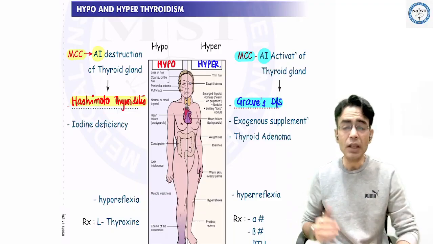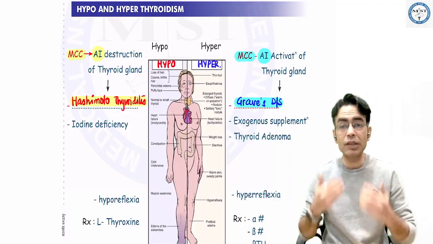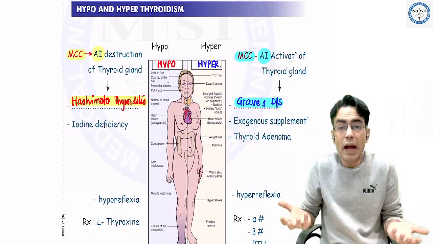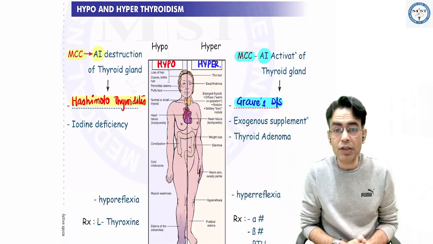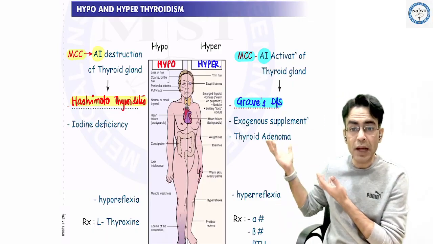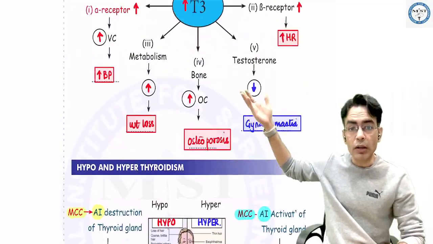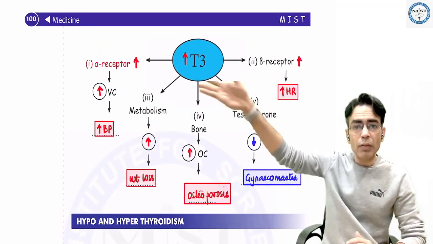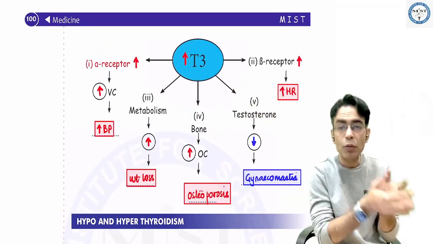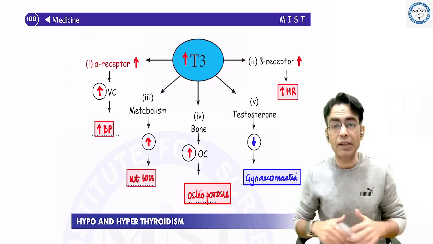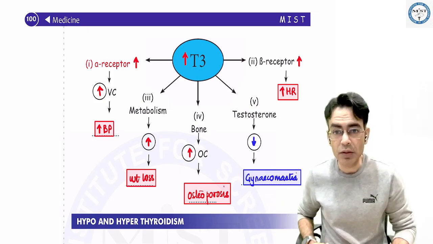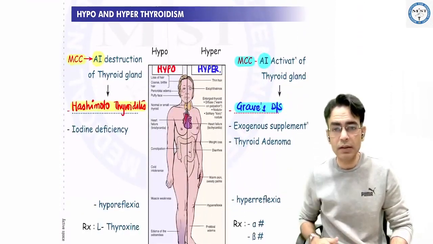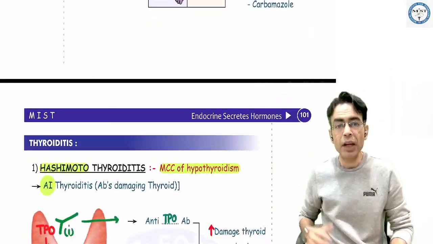Treatment: for hypo, because the thyroid gland is gone, you have to give thyroxine from outside. And for hyperthyroidism, when T3 is becoming more, give alpha blocker, beta blocker. You have to give propylthiouracil to block the peroxidase enzyme, or you can give carbimazole, methimazole. Okay, so these are the hyper and hypo.